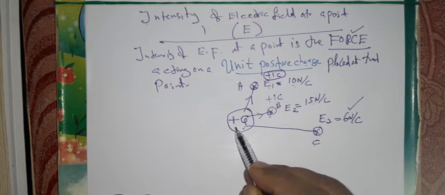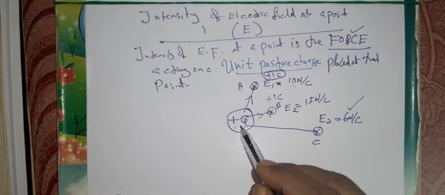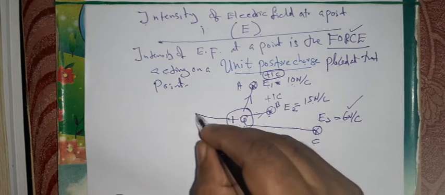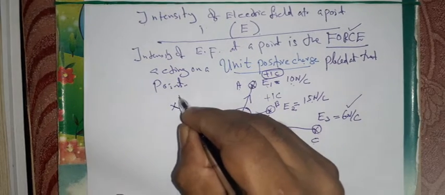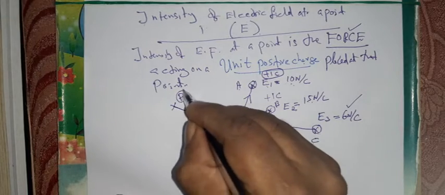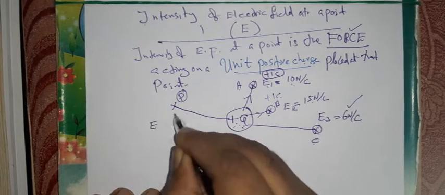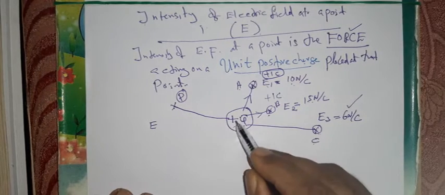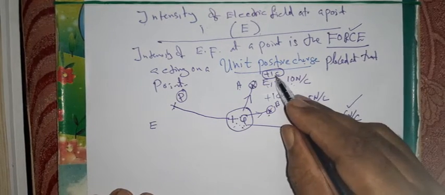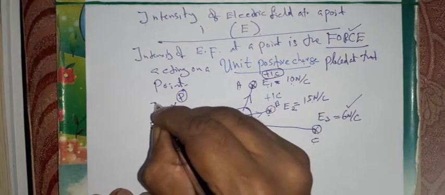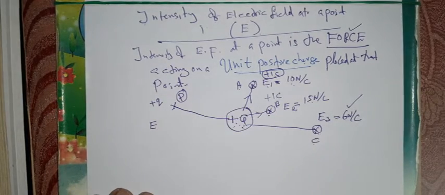Next, to generalize and make a formula for plus Q, you can take a point P here. P is a point in the electric field and E is the intensity of the electric field at P. To find out E, instead of plus 1 coulomb, you place a small charge plus q here.